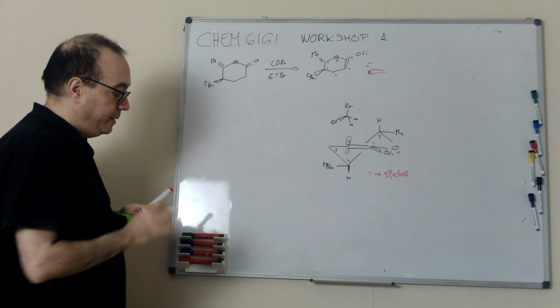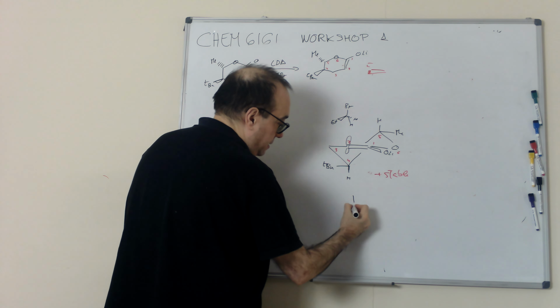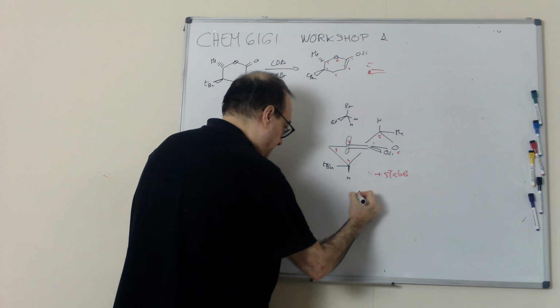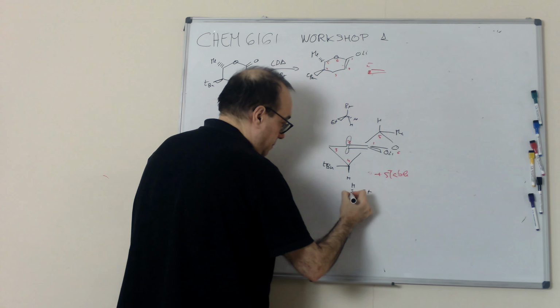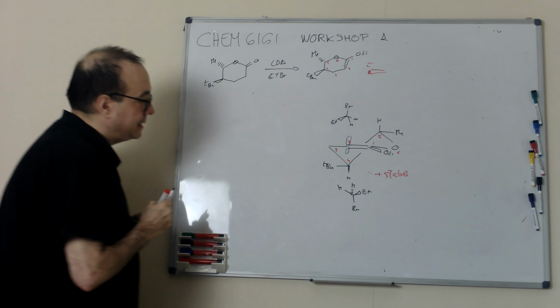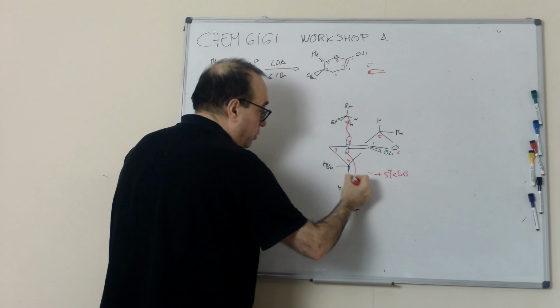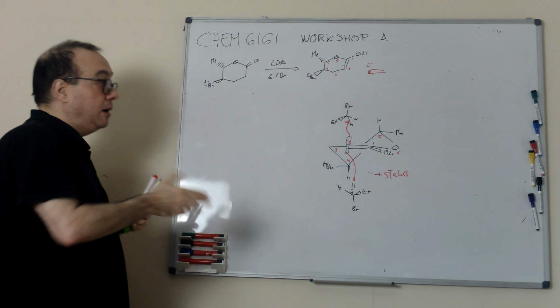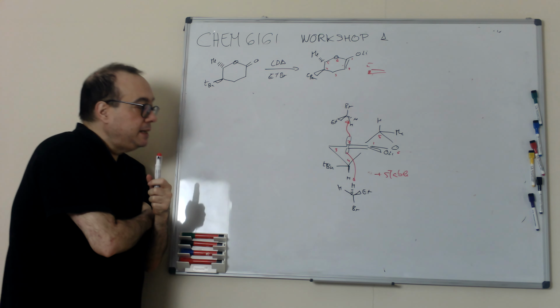That means that has to be an inversion of configuration. The attack will be like this. Not following a Burgi-Dunitz trajectory, it is 180 degrees, perpendicular to the enolate.